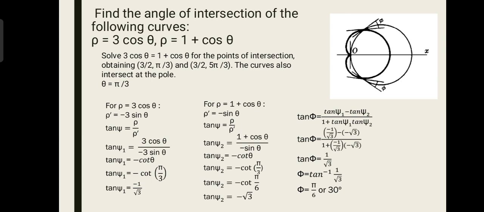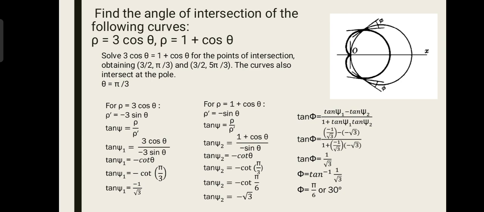For r = 3 cos θ, first we'll solve for the first equation of the curve, which is r = 3 cos θ. We'll differentiate it and obtain r' = −3 sin θ. Next, we'll solve for ψ1 using the formula tan ψ = r / r'. So tan ψ1 = 3 cos θ, which is the value of r, over −3 sin θ, the value of r', obtaining −cot θ.